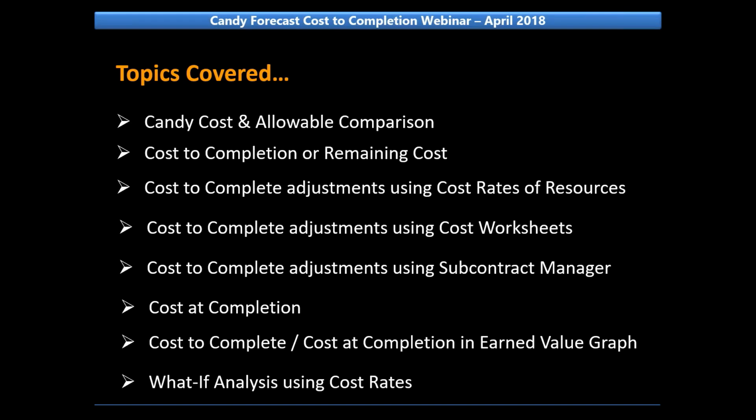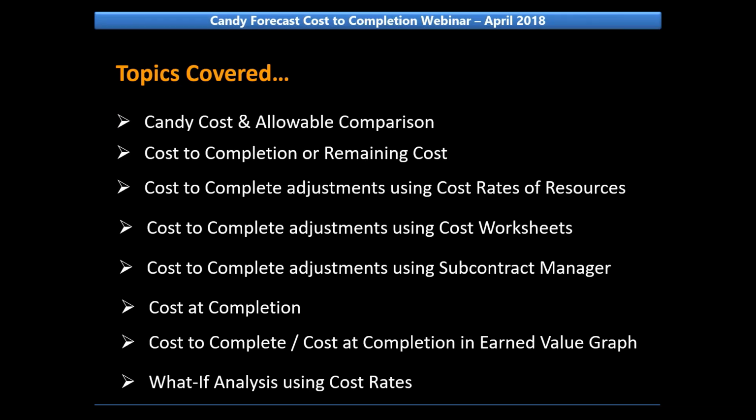So today, we will be covering the following topics, starting with Candy cost and allowable comparison. Then we'll see cost to completion or remaining cost. Then cost to complete adjustments using cost rate of resources. Cost to complete adjustments using cost worksheets.